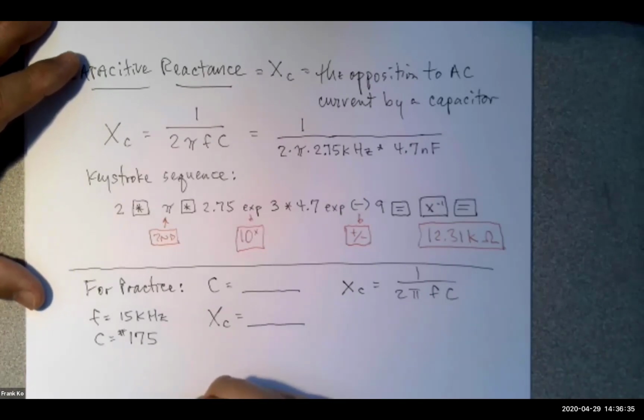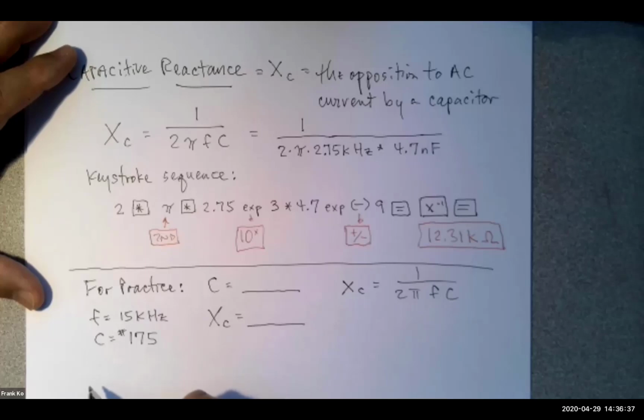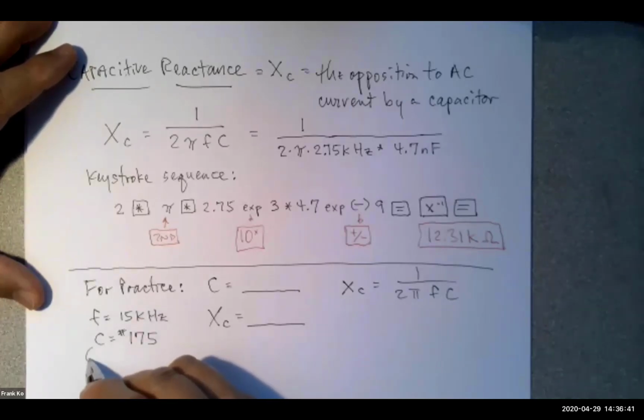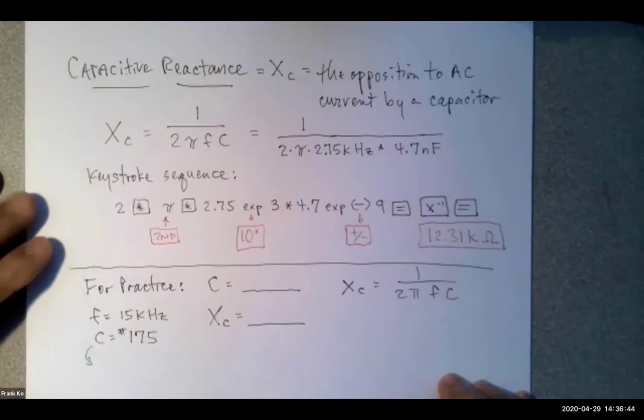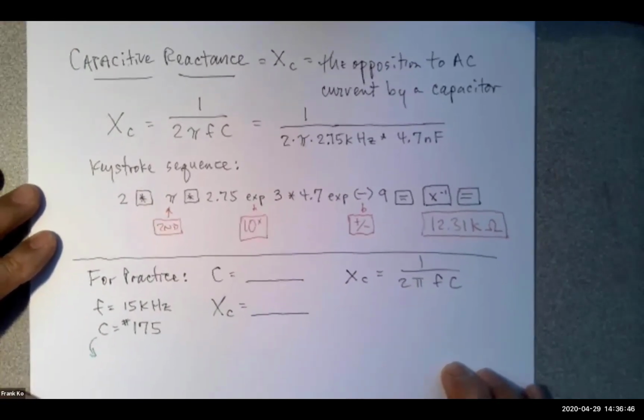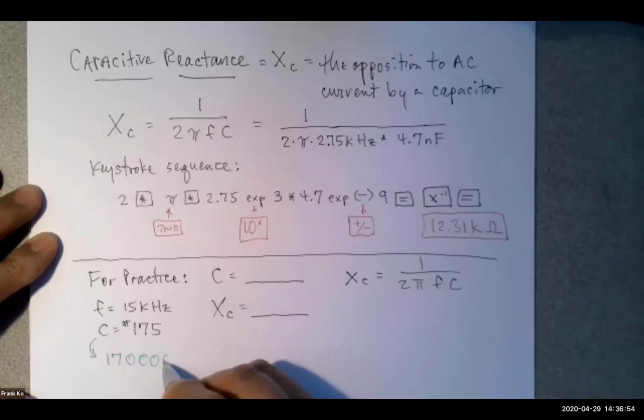So walk me through these steps. Kyle, you're up. If I have a 175, how do I start my deciphering of a 175? Walk me through this. So you take the 1 and the 7, and then you add 5 zeros, 1, 2, 3, 4, 5, and it's picofarads. Picofarads, good.